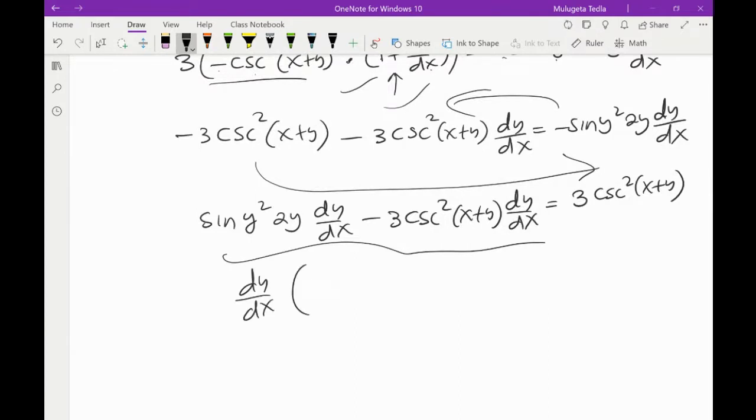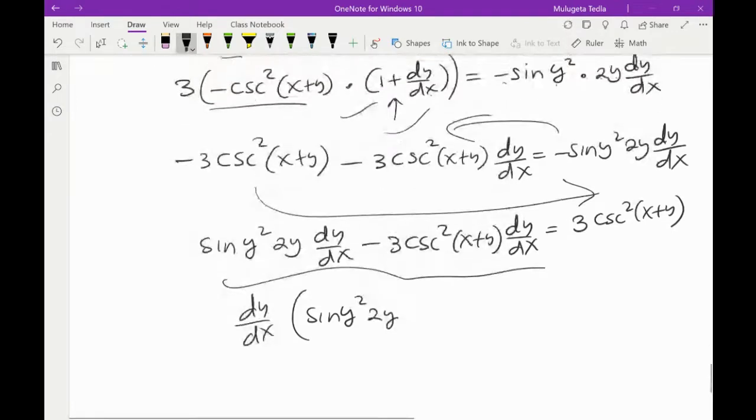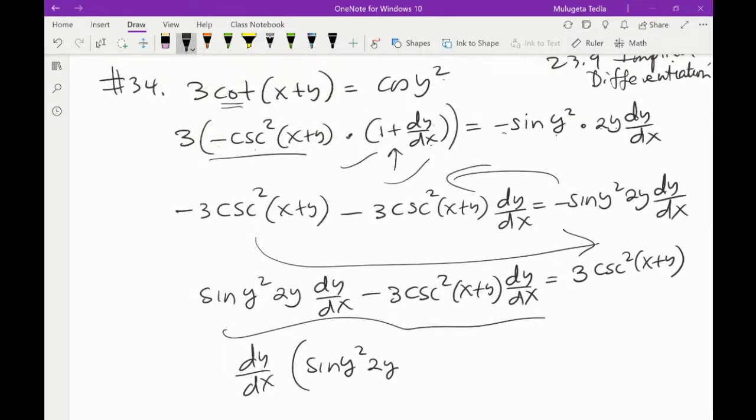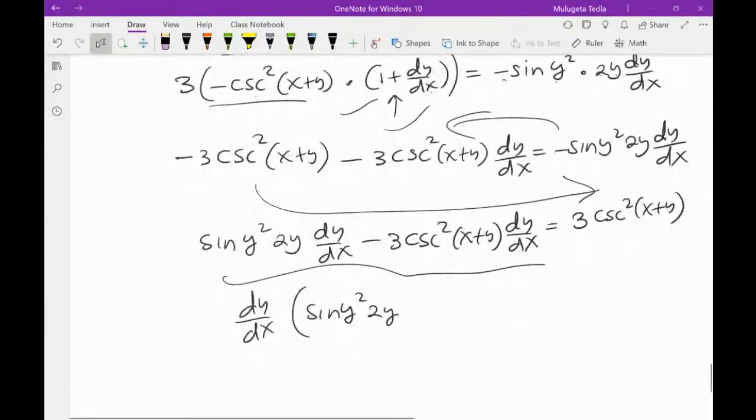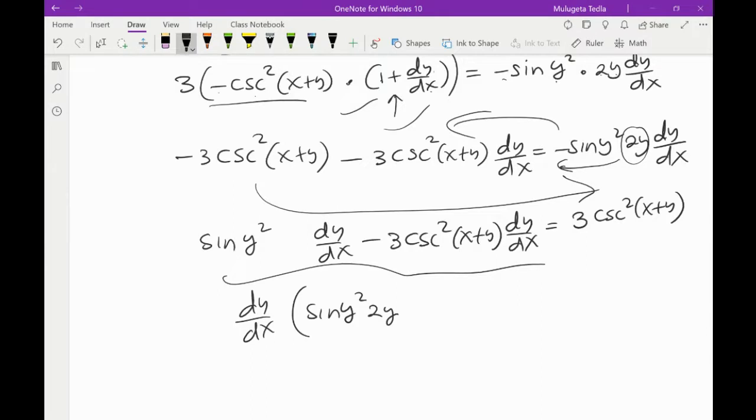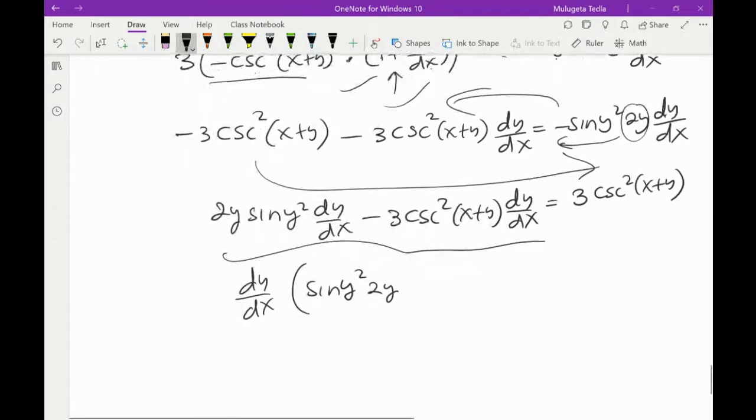That's the objective. I could have written this 2y in front, so 2y sine y squared is better.